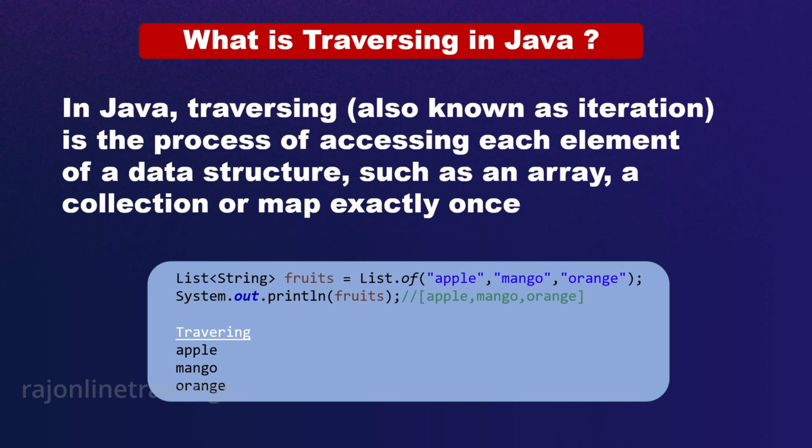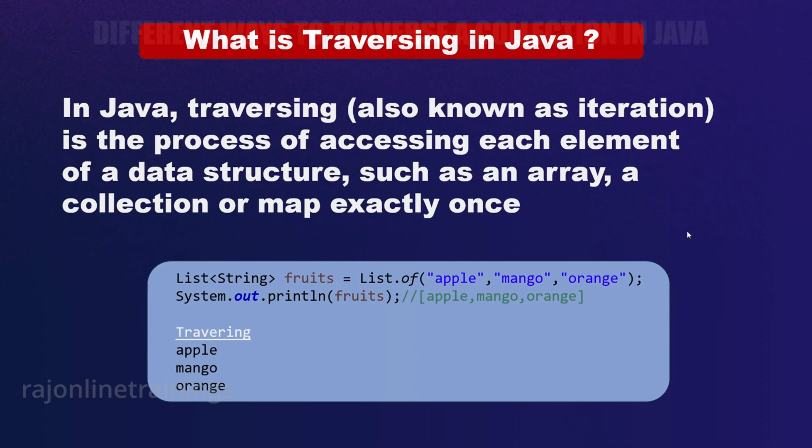Now the objective is we want to pull out one element and use it, taking apple, mango, orange separately. This concept we call traversing. Traversing is the process of accessing each element of a data structure, such as an array, a collection or a map, and that too exactly once. Traversing is also known as iteration.